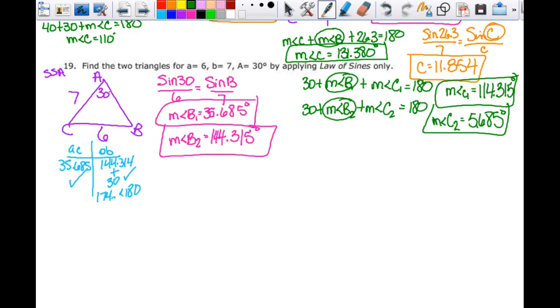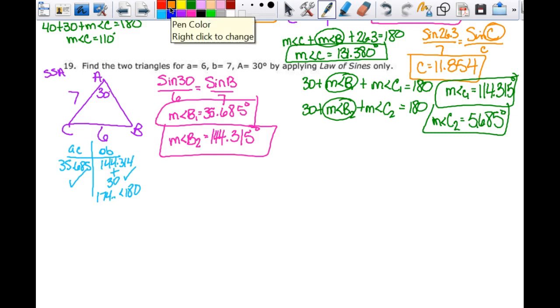Okay. So there's my two sets of angles that I have, my ones and my twos, and then I have to find side C, so little c1 and little c2. Guess what? Interrupted again. Okay, I think I'm good now. I think I can finish this. All right, so little c's is what I'm looking for.